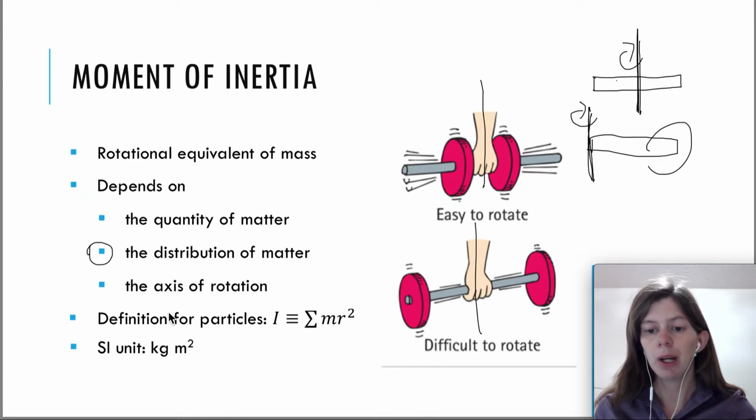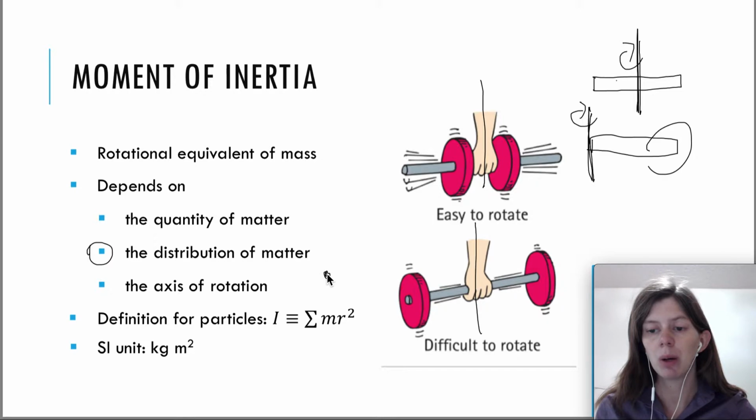The actual definition of moment of inertia is the sum of mr squared. This is only good for particles, and what I mean by this is objects whose size or shape we don't care about, that we pretend are very small, so they're kind of like point masses.